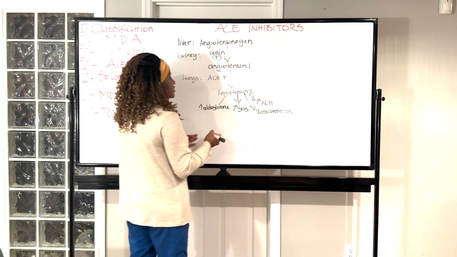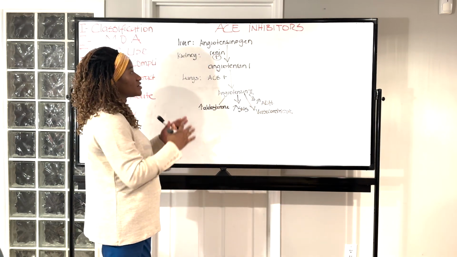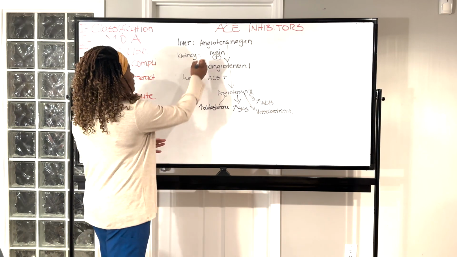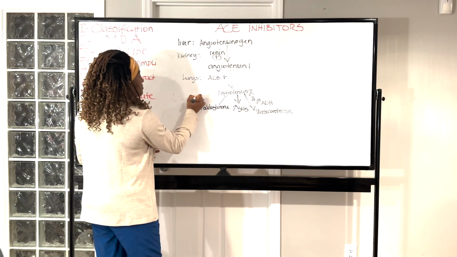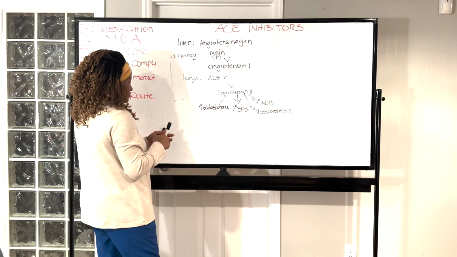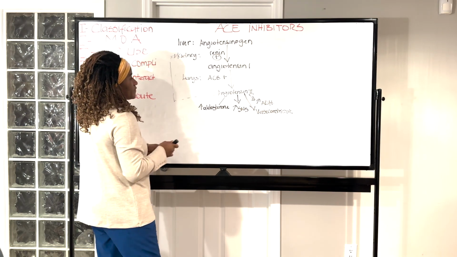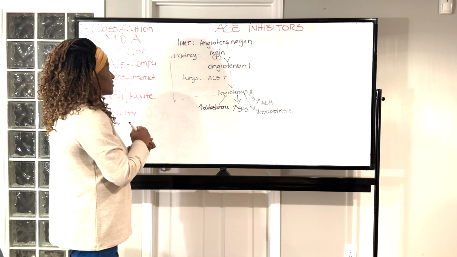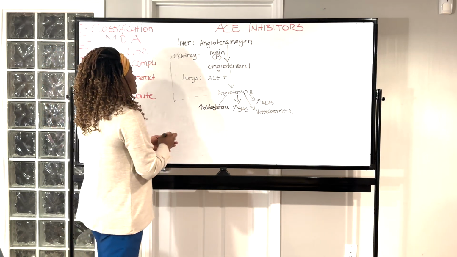And also, angiotensin 2 is going to be able to regulate all this reaction by providing a negative feedback loop right here, adjusting the dose. So this is the basic frame of what we need to know.